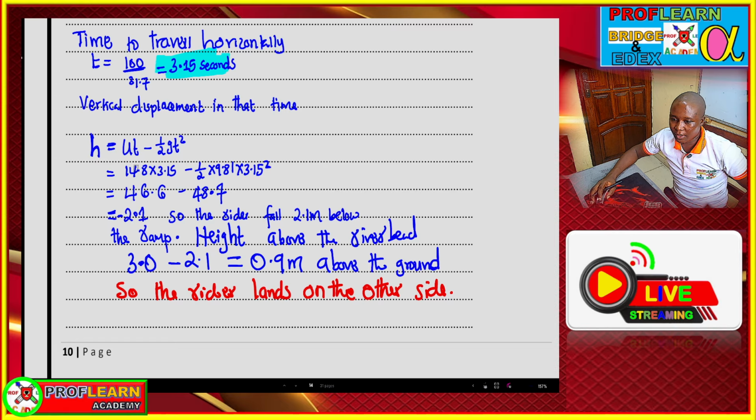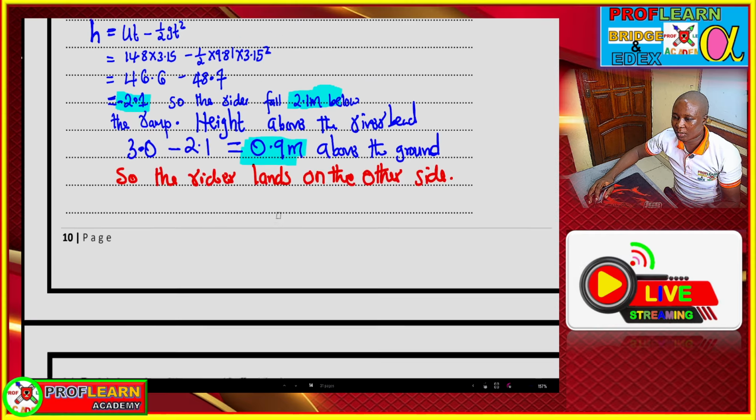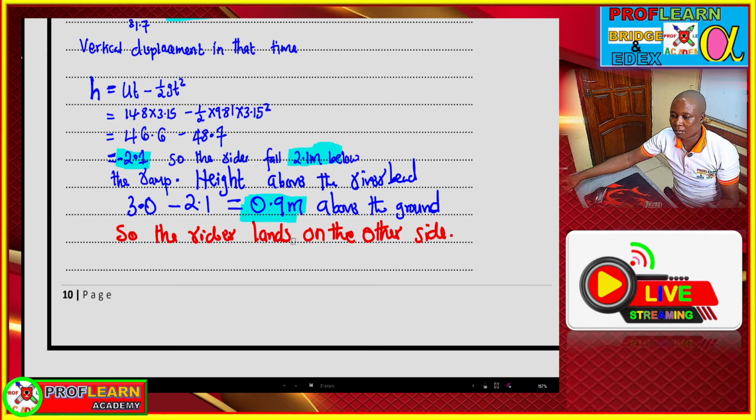If you substitute it into ut minus half gt squared, the distance traveled will be negative 2.1, which means that it is a height below the point where this person was taking the jump from. So during that time, the distance above the ground is going to be 0.9.